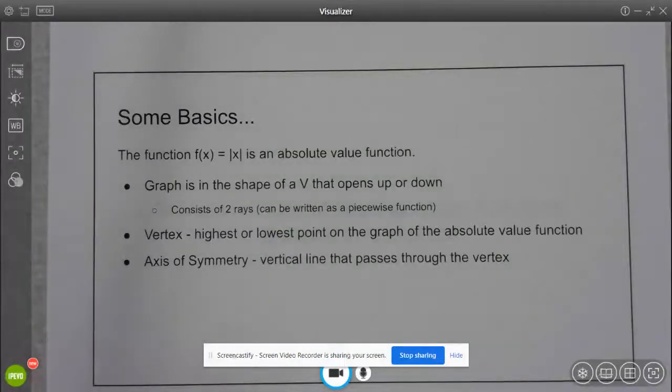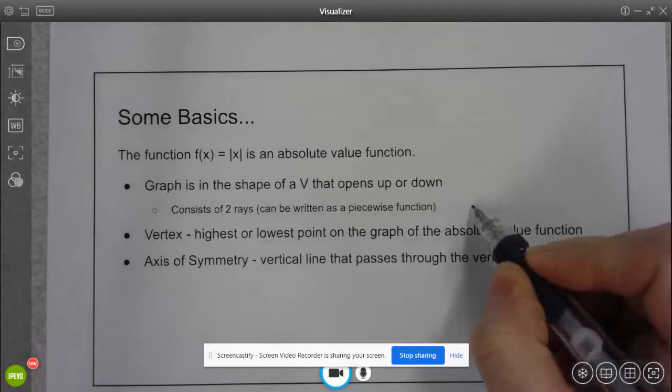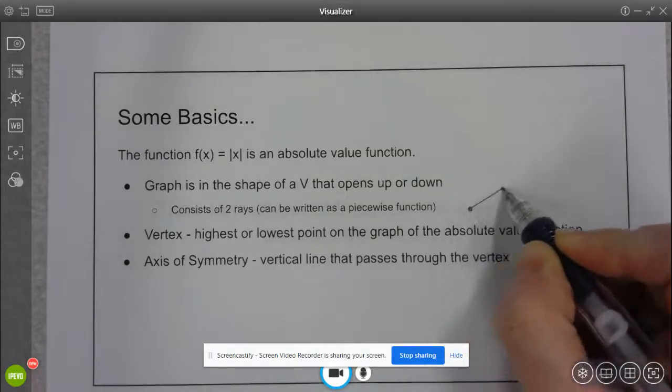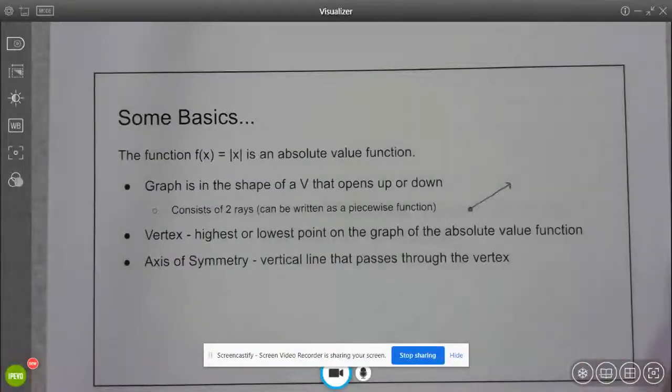They do have that V shape that we just saw in that graph that we created. So it's two rays that have been put together. A ray is an endpoint with a line that continues in whatever direction.